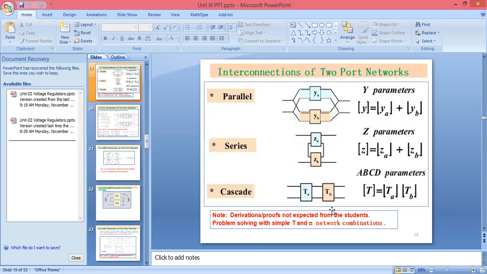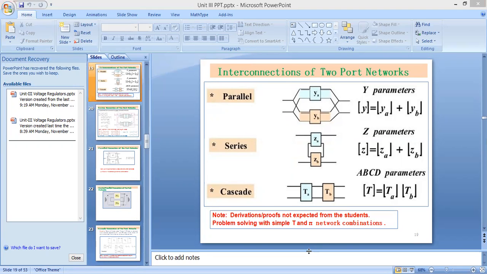And if you see the series interconnections, Z is what we call the impedance. The Z parameters are compatible for series interconnections. In this circuit, we are taking two Z parameters, ZA and ZB. We are connecting these two ports in series with each other.